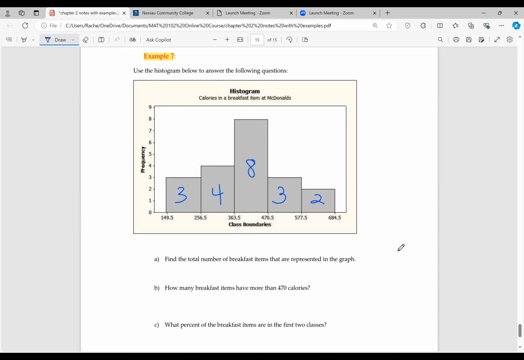So if we want to get the total number of breakfast items, we have to add up all these frequencies. So we're going to have 3 plus 4 plus 8 plus 3 plus 2. And that's going to be 20 items. So there were 20 breakfast items that were used in this data set.